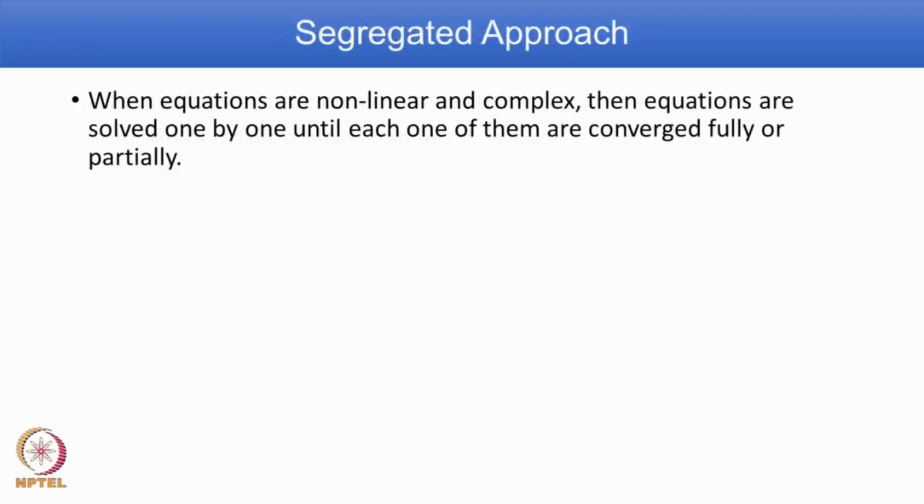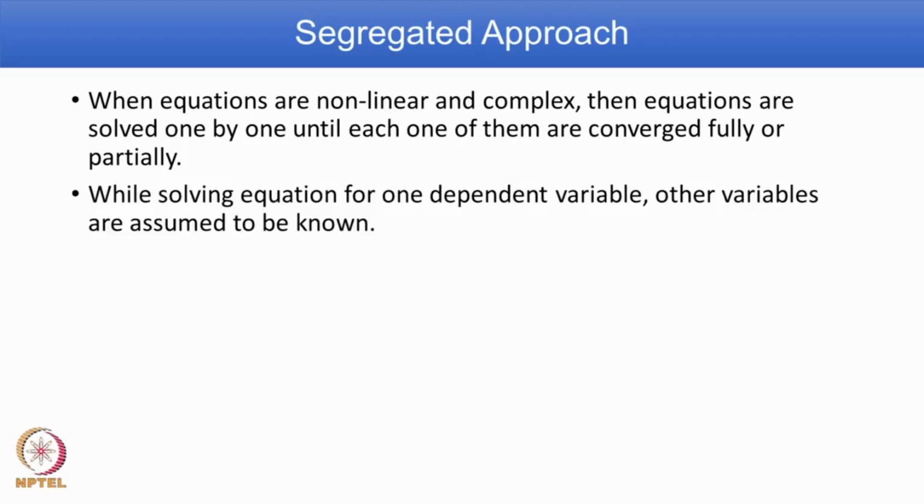In the case of the segregated approach, when equations are nonlinear and complex, then it is advisable to solve one equation at a time, get a converged solution, then go to the next equation. So, equations are solved one by one until each one of them is converged fully or partially.